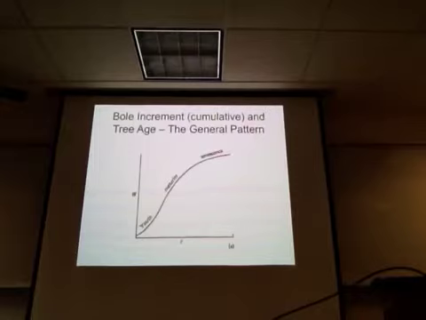And it's common to divide that sigmoidal growth curve into three phases. And they're labeled here: the youth phase, the maturing phase, and then the senescing phase.